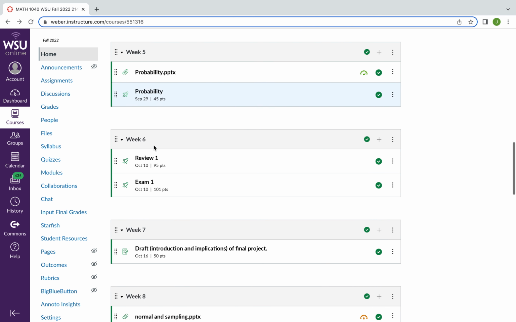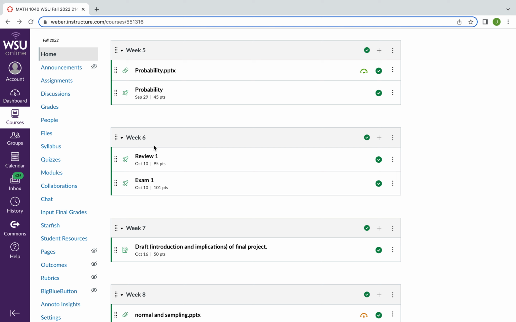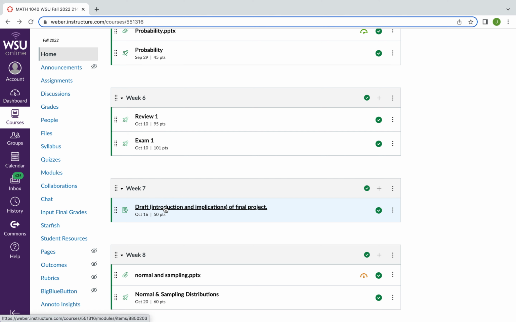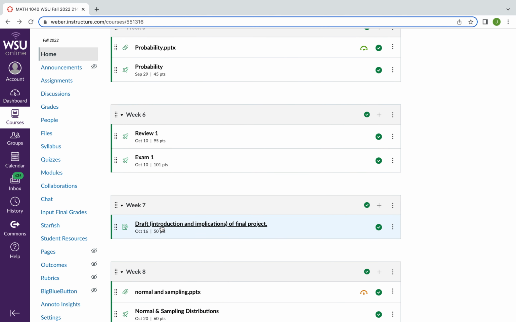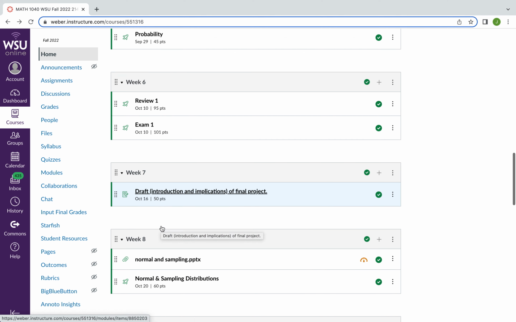So generally, this is how what you need to do each week is outlined here. No materials covered in week 6, just a review for you to get ready for your exam. In week 7, there is a group project in this course, and in this prior week, week 4, you select what your project is. In week 7, you provide a rough draft of your final project.